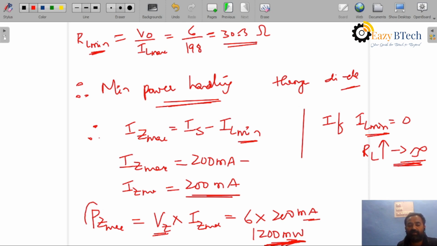This is the maximum power handling through the diode. Okay, students.